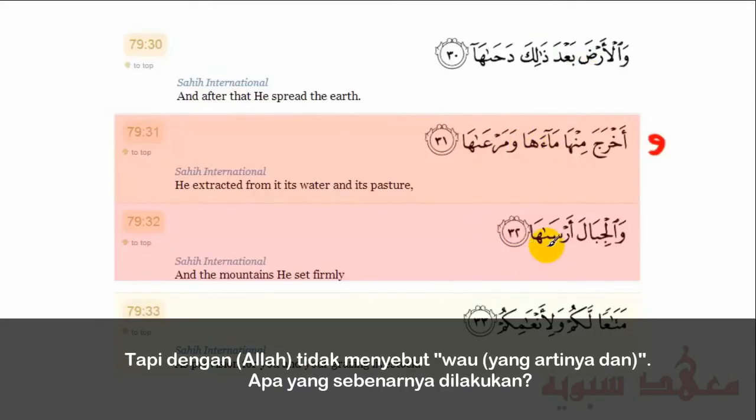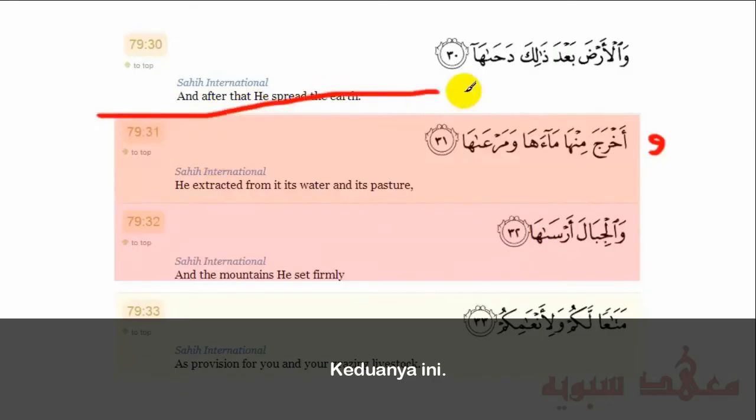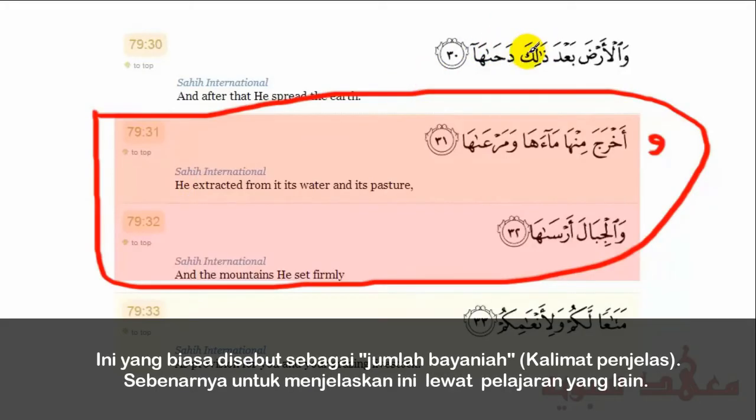But by not mentioning the wow, what this does actually is this becomes a clarifying sentence. Actually, both of these are clarifying sentences of this ayah here. So it's known as a jumla bayaniya. I actually explained this concept in my advanced courses.